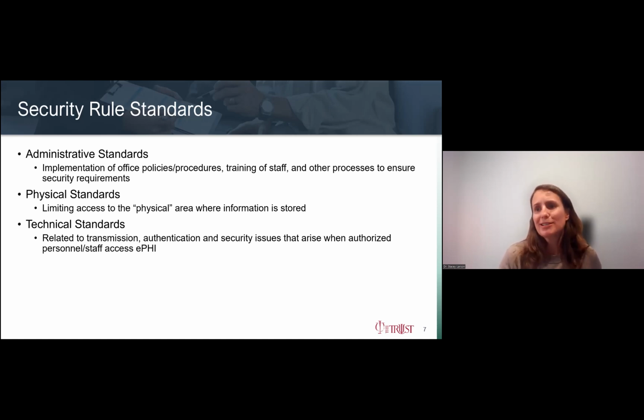There's no way that anybody is going to make their practice completely free of any risks. Risk is just a part of life, unfortunately, but they want it to get to an appropriate level. They don't want unnecessary risks happening. Part of administrative standards as well would be designating a security official who's responsible for developing and implementing security policies and procedures.